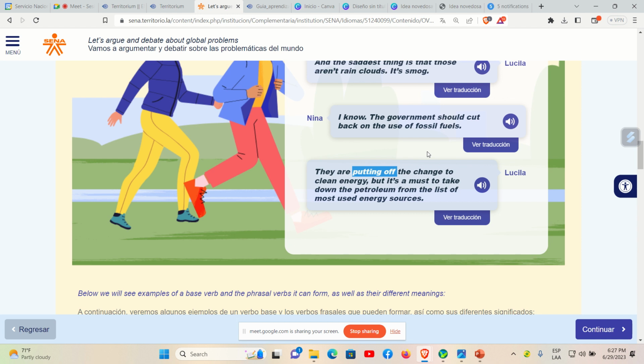It's like delay, right? Es como que lo están posponiendo. Exacto, muy bien. But it's a must to take down. Take down. Eso ya es como acabar, como ya dejar de, ¿cierto?